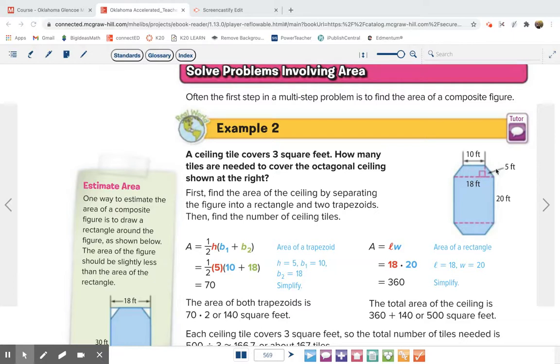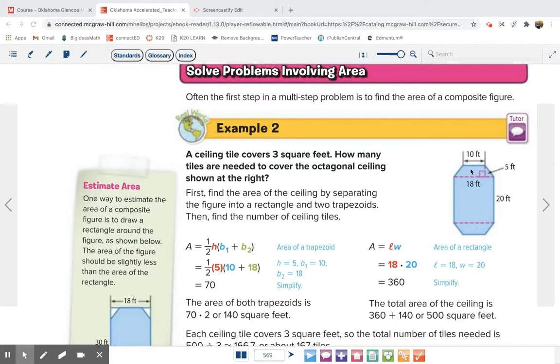So for our trapezoid, they only give us information for one of them, so that means they are the same size. Trapezoid is 1/2 times the height times, in parentheses, base 1 plus base 2, because the bases are different sizes on a trapezoid.